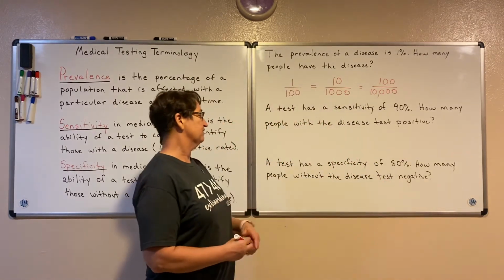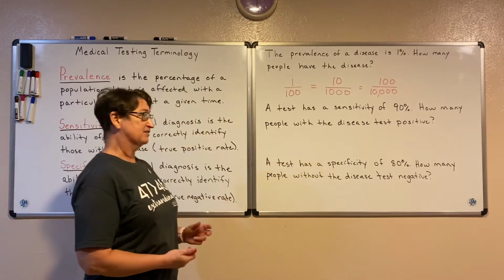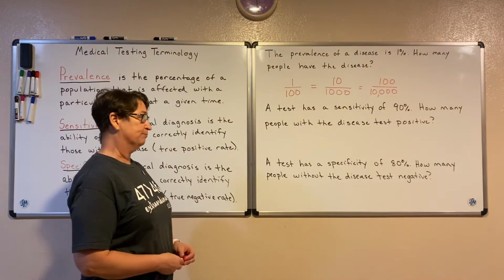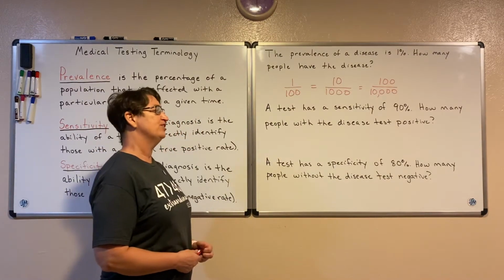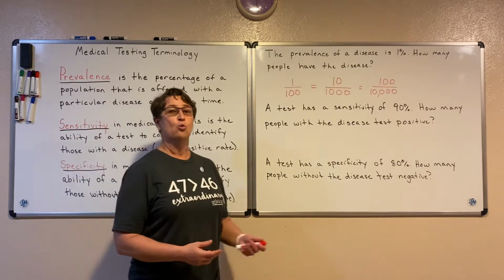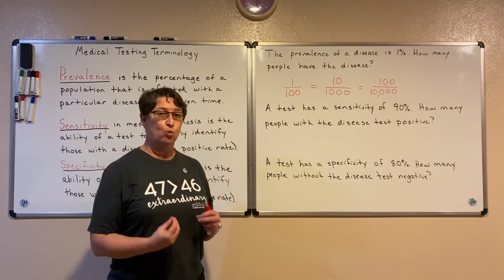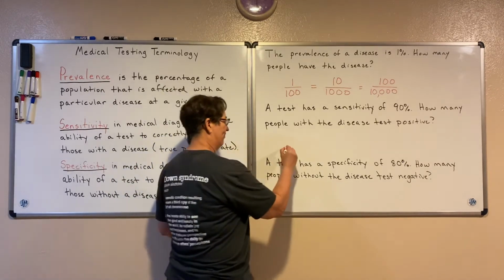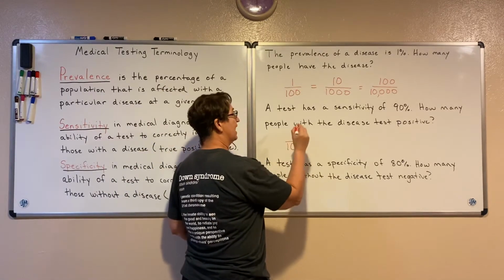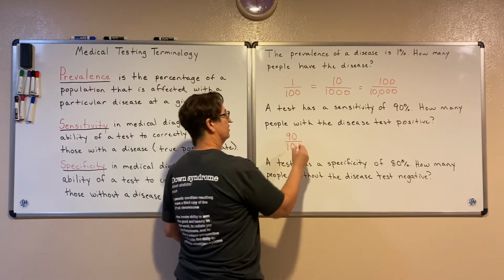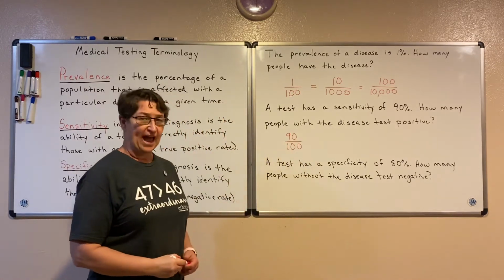So again, for instance, if we have a test that has a sensitivity of 90%, how many people with the disease test positive? Well, if 100 people come in with the disease, what that means is that 90% of the time, the test is going to show that they have the disease.